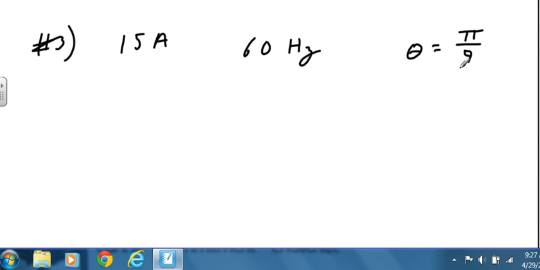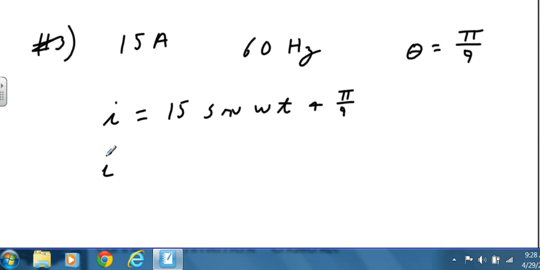There's example 1. There's example 3. There's example 2. Okay, so current is equal to 15 sine of omega t plus pi over 4.